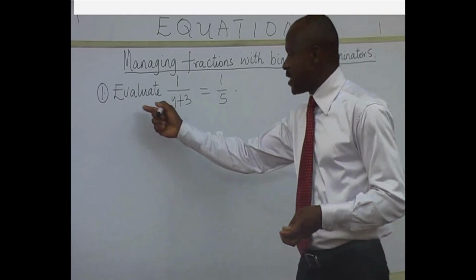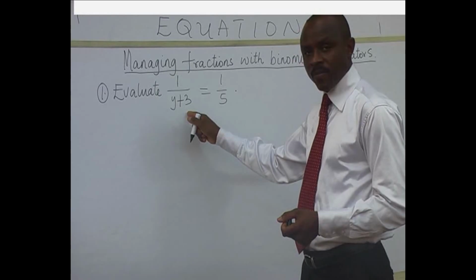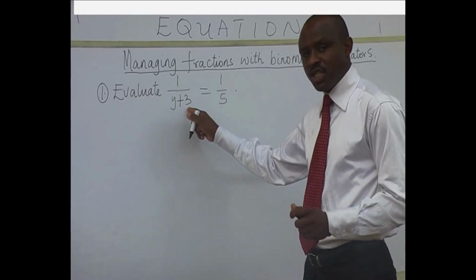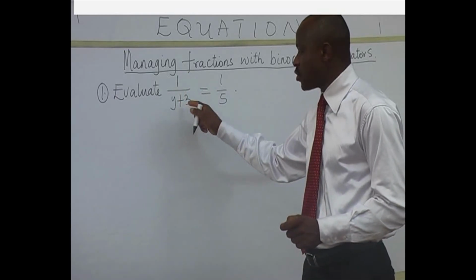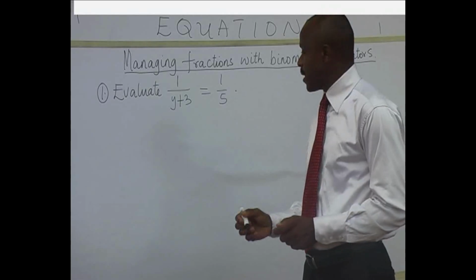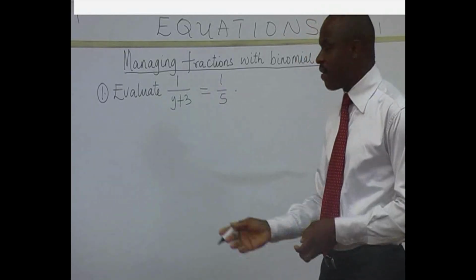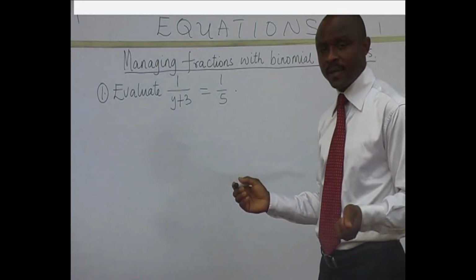Look at the question set for us. They say we should evaluate 1 all over y plus 3. Y plus 3 is a binomial denominator to the fraction 1 all over y plus 3, which is equal to 1 all over 5. If you are given something like this to do, just cross multiply.